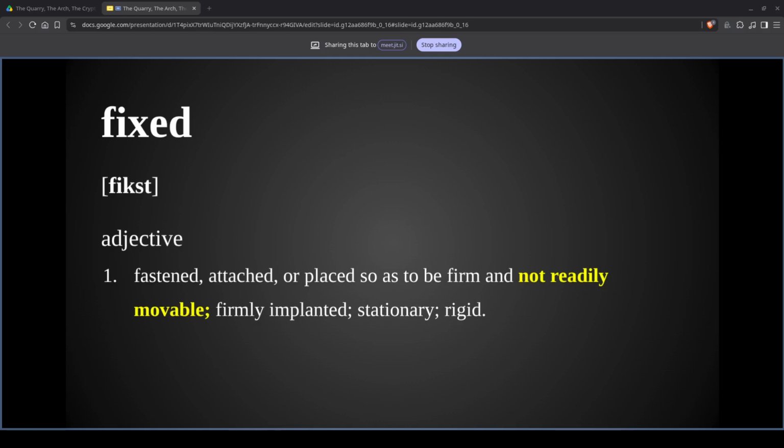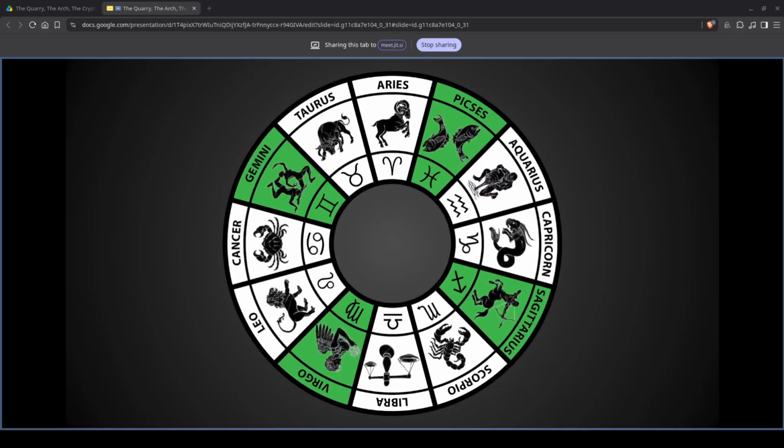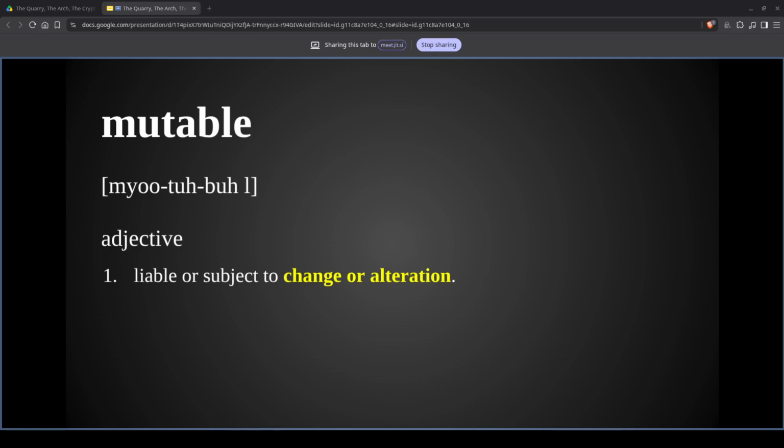They are constantly in place, fastened, attached, or placed to be firm, not readily movable. Stationary, firmly implanted, and rigid. There are also what's called mutable signs of the zodiac. Mutable means that they are subject to change or alteration. But we're not worried about those right now. We're worried about the fixed signs.